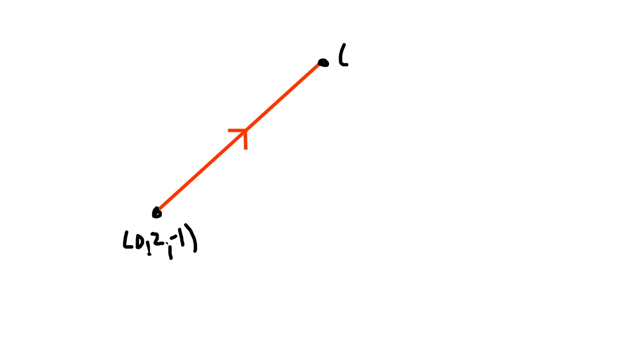And here's the ending point of (5, -1, 1) for this curve C. And we computed the work.